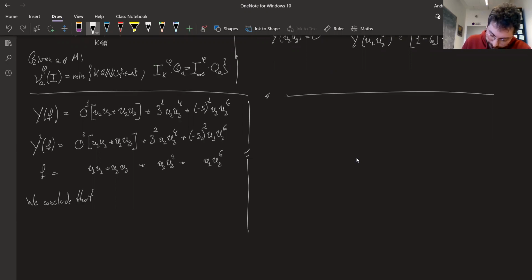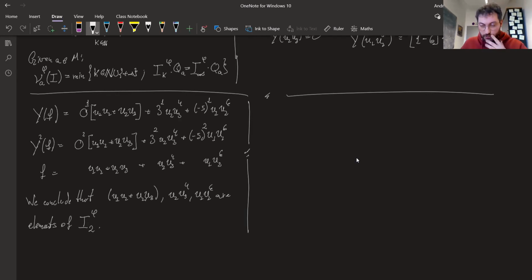that U1, U2 plus U2, U3, U2, U3, 4, and U1, U2, 6 are elements we need to derive twice.